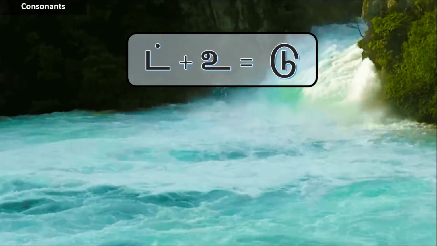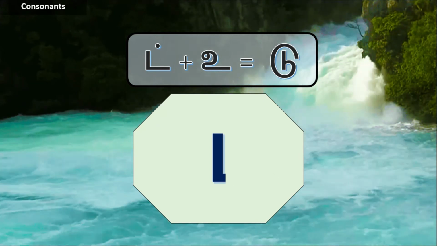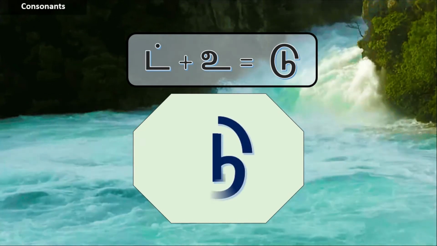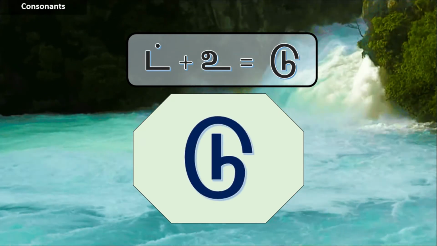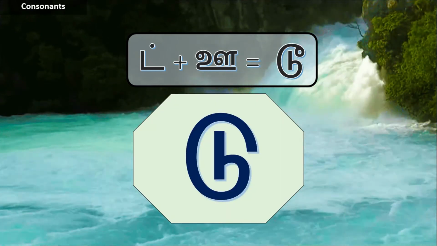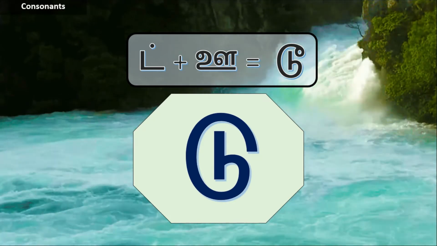Then the horizontal line is also dropped. From the middle of the vertical line, a circular curve starts and goes upwards. For 2, it is the same as 2 with a small circular ending at the tip.